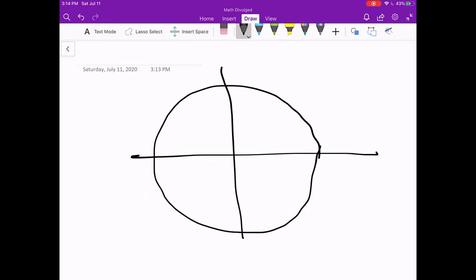So again, the radius of this is 1. So that here is 1. This is also 1. And the x-axis will be cosine of alpha, and the y-axis will be sine of alpha.